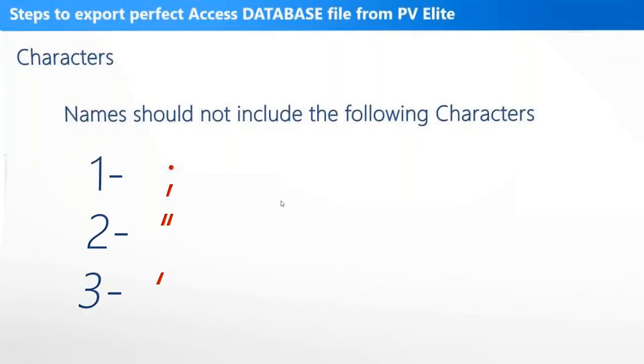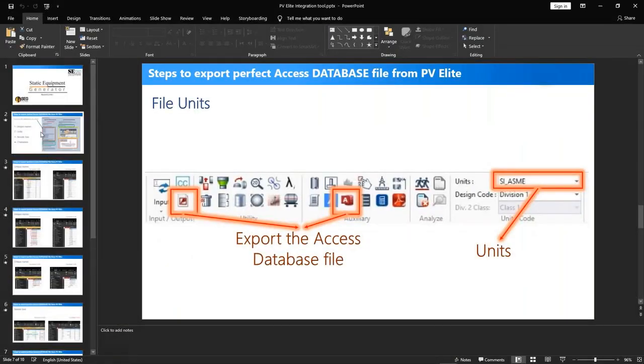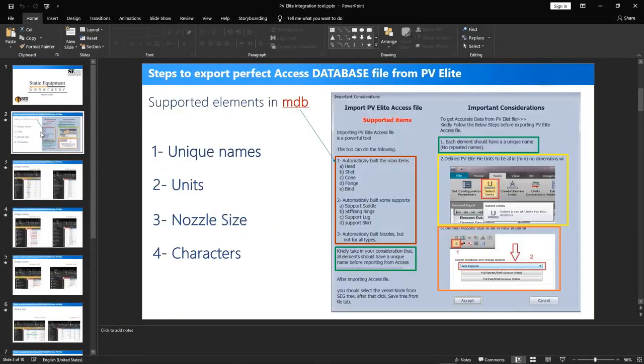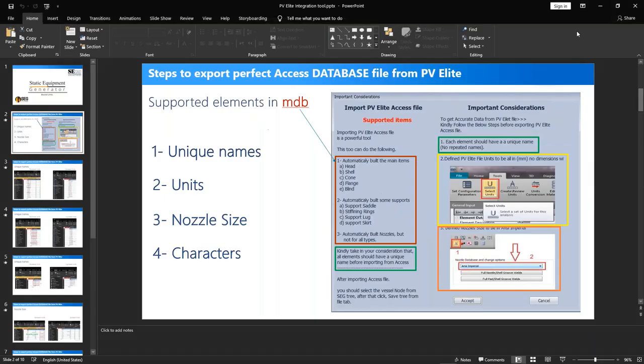And the characters: the names of elements shouldn't include those characters. Those characters cause a problem in our database, so you should avoid them in names of elements. So those are the 4 steps to make a correct export of the Access database file: unique names, units, nozzle sizes, and characters.